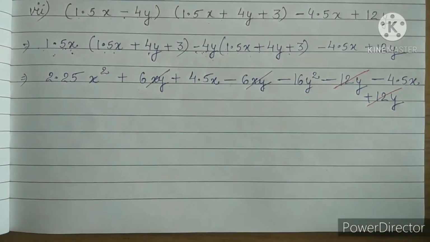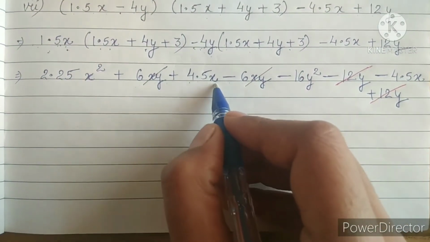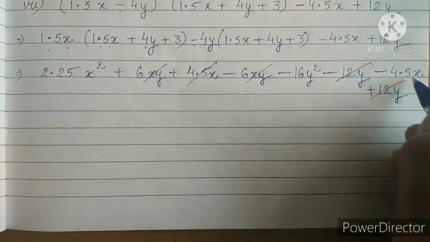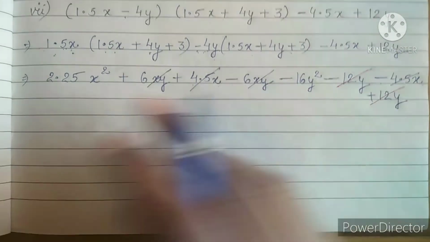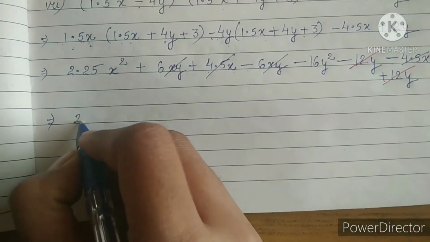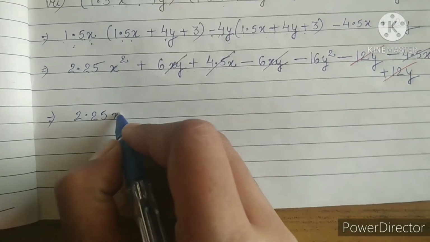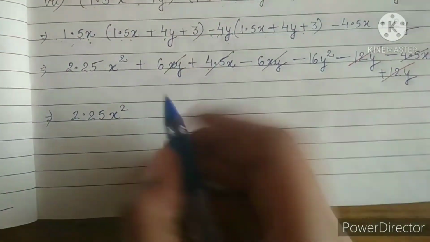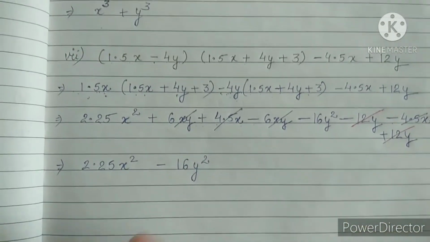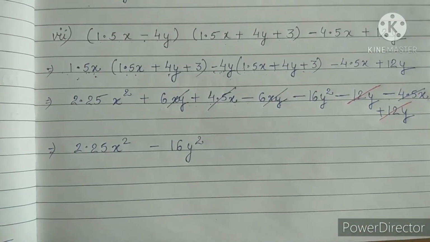One more thing, 4.5x, which is positive, will cancel negative 4.5x. So only two terms are remaining, whose answer will be 2.25x square, and second is minus 16y square. This is the answer of the 7th one.